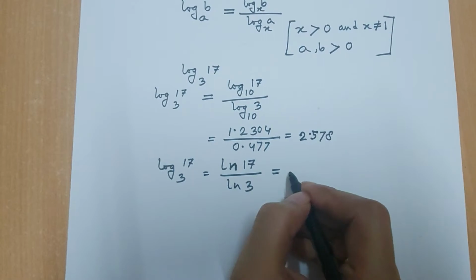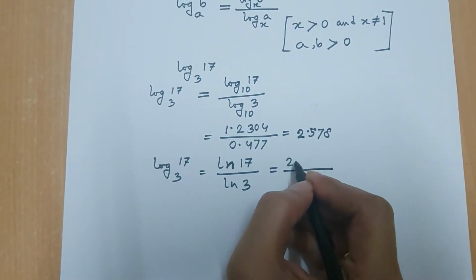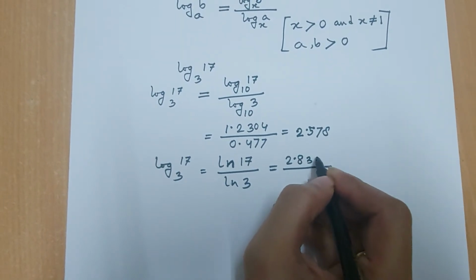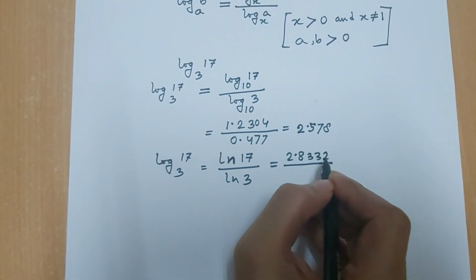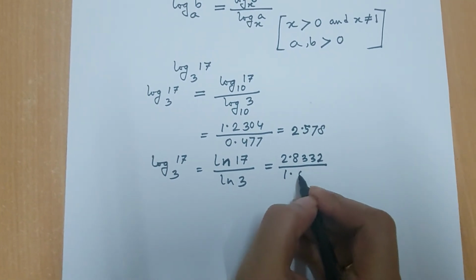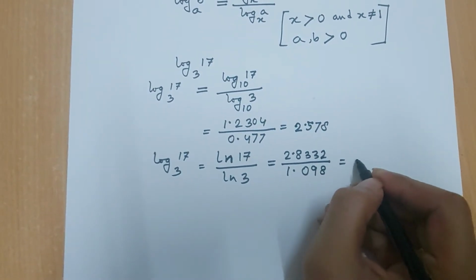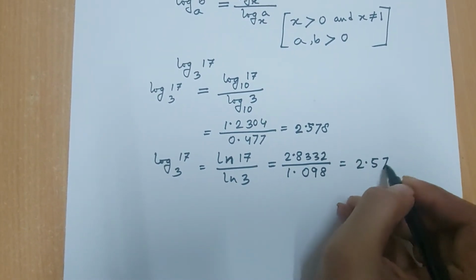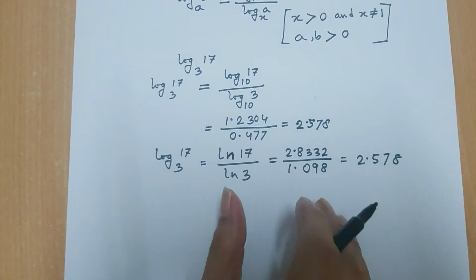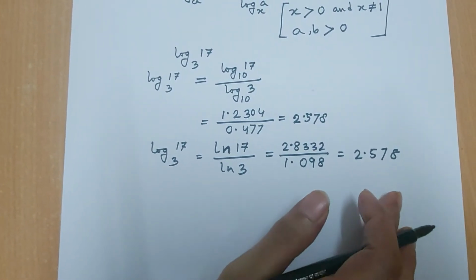From the calculator, ln 17 equals 2.8332 and ln 3 equals 1.098, that is equal to 2.578 also. So it doesn't matter how we calculate, the result will be the same.